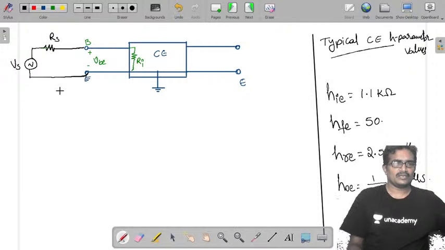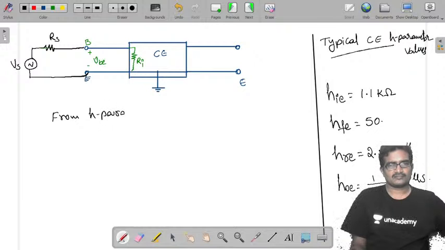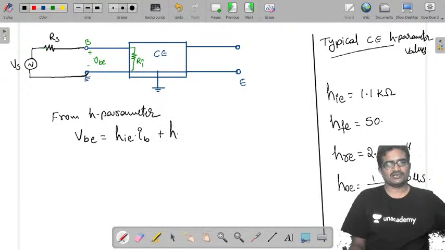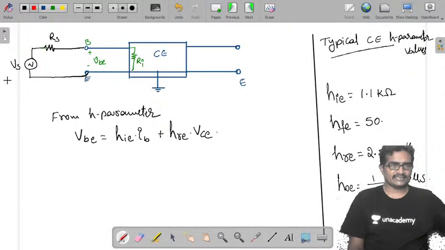Now from H parameters, we can write VBE is HIE into IB plus HRE into VCE. Now I am giving 100 millivolts at input.